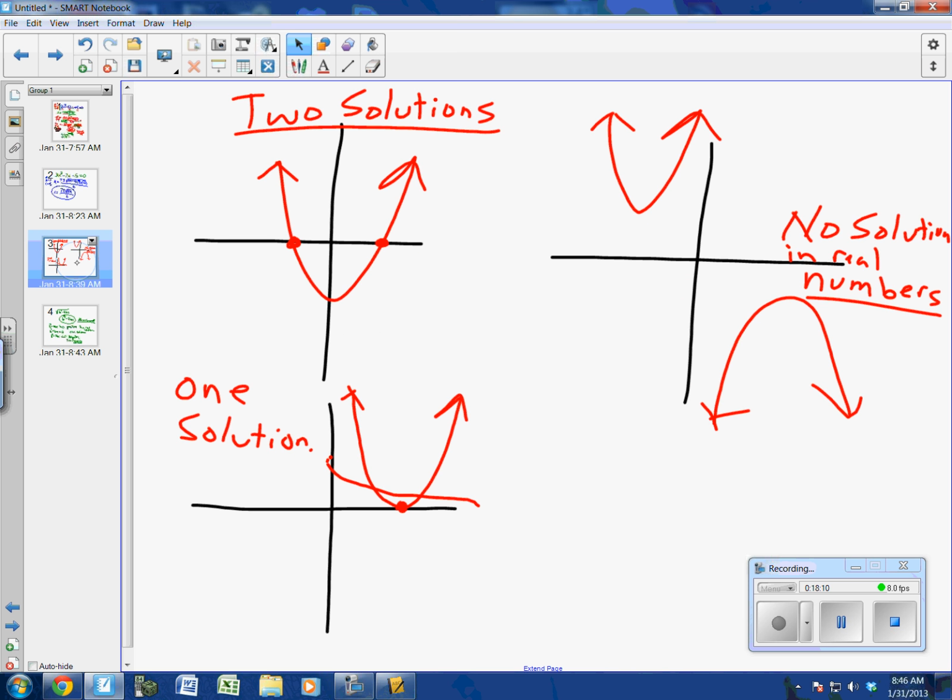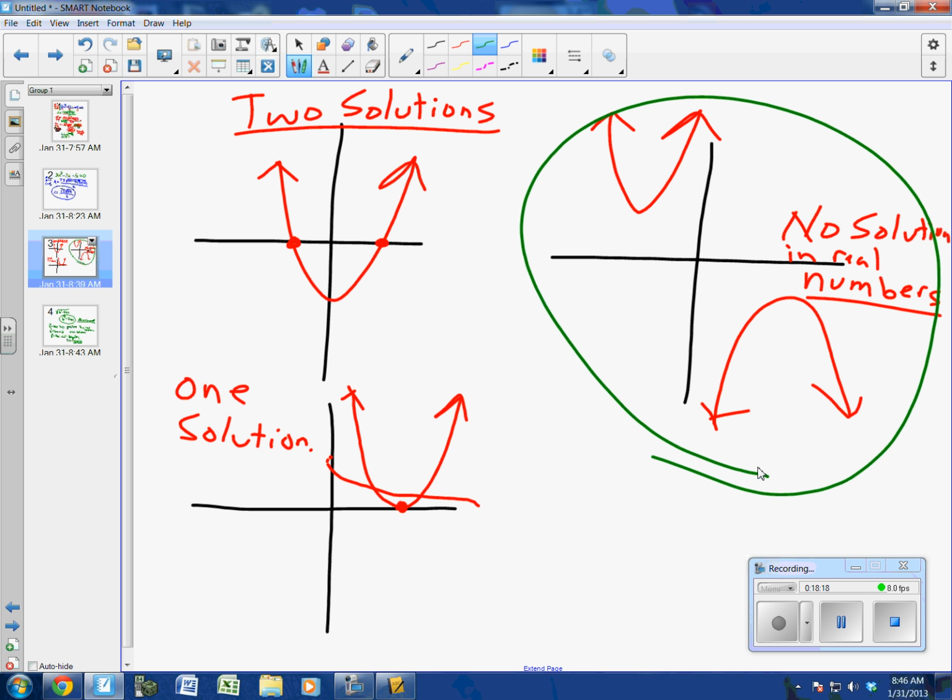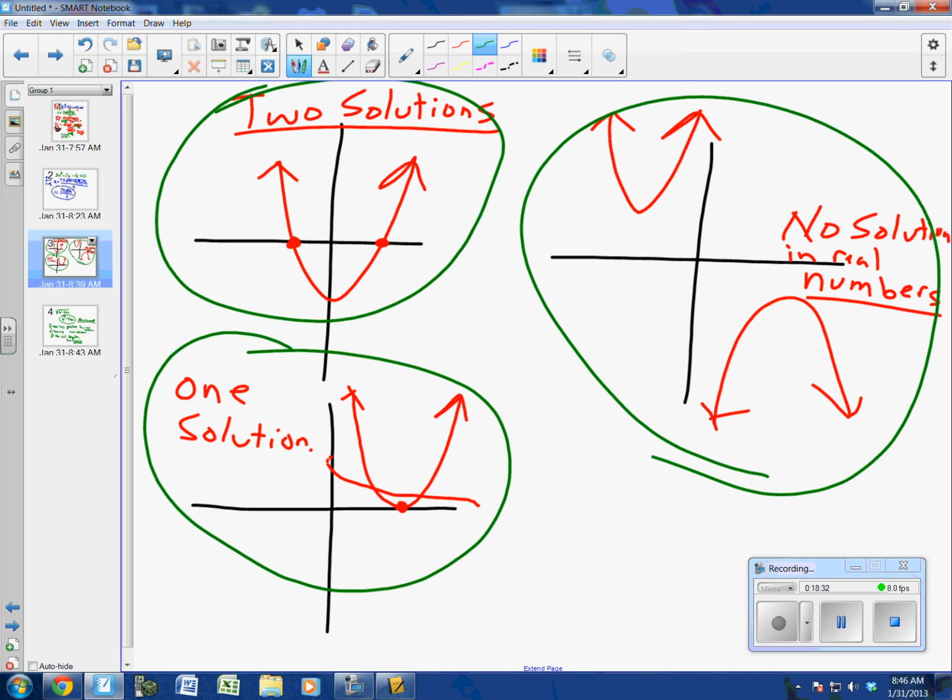So if my discriminant comes out to be negative, I'm going to get something like this graph right here, where it's not going to be touching the x-axis at all, or crossing it. If I get a positive discriminant, it's going to be like this one. And if I get a 0 discriminant, it's going to be like this one.